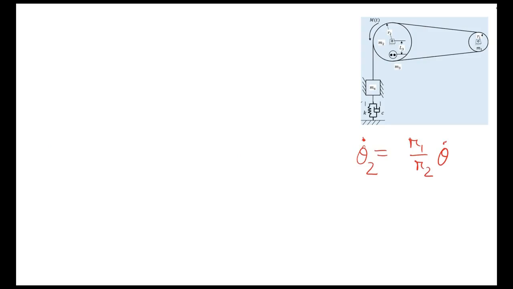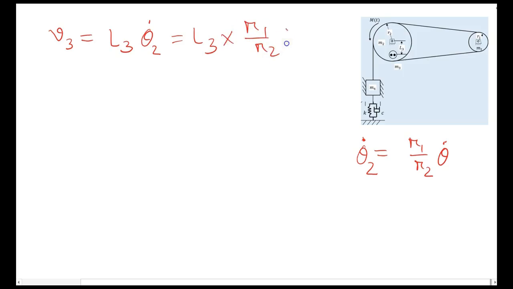Now the linear velocity for point mass M3 will be V3 equal L3, which is the distance from this revolute joint or point of rotation to the center of the point mass, times theta 2 dot, that means the angular velocity of the second pulley. Since we already know the expression for theta 2, we can write L3 times R1 by R2 theta dot.